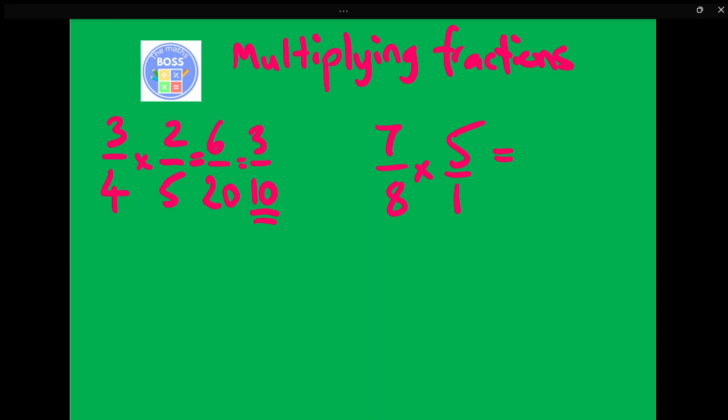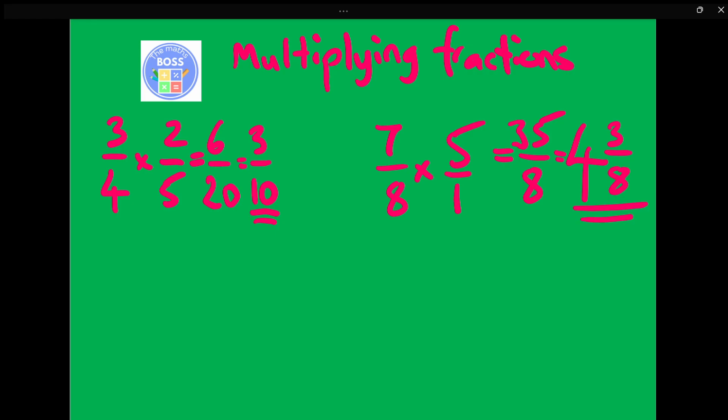Again, numerator times numerator, 7 times 5 is 35, 8 times 1 is 8. This is an improper fraction, so we need to change this to a mixed number. So we ask how many 8s go into 35, and that's 4 whole ones, and we have 3 left over 8. So our answer is 4 whole ones and 3 8ths.